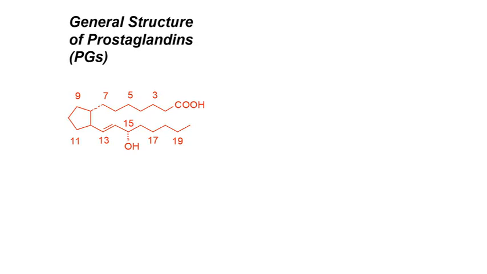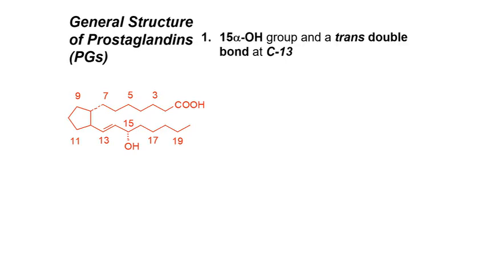To understand exactly the pharmacophoric groups of the prostaglandins, let's study the general structure of prostaglandins. As I said before, the cyclopentane ring is almost at the middle of the compound. We have two aliphatic chains from each side of the ring. Please look at position 15. We are going to find an alpha OH group that is directed backside the plane, and this is pharmacophoric for the activity of the prostaglandins.